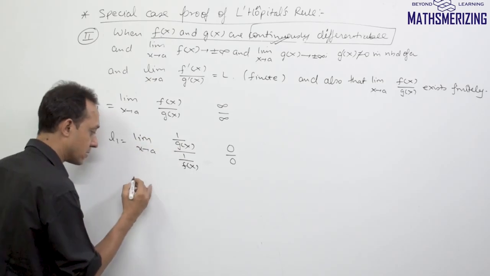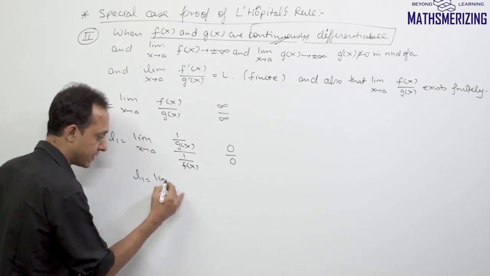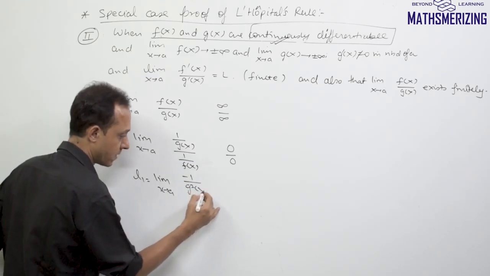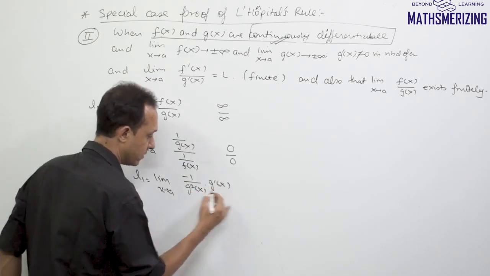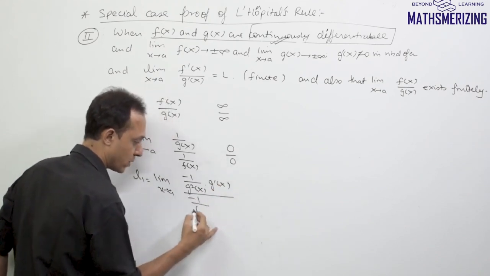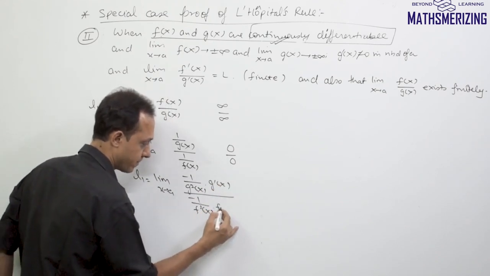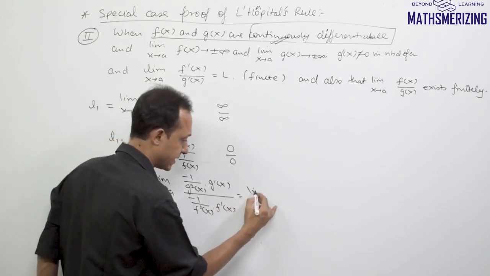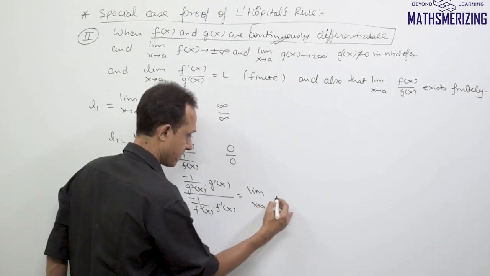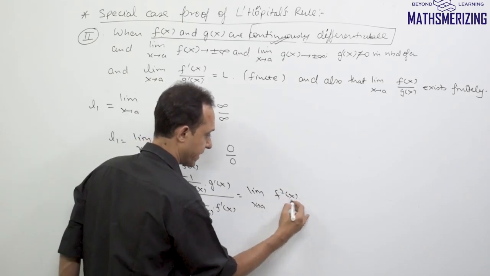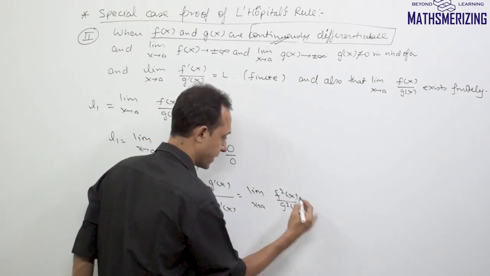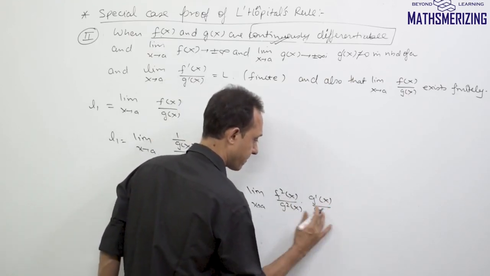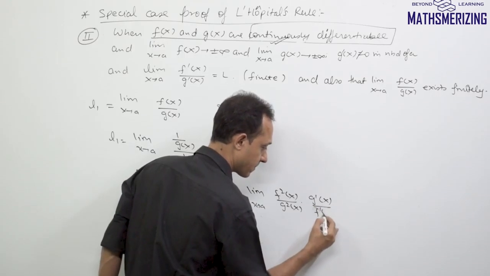So if I apply L'Hopital's rule, I can write L1 as limit x tends to a (minus 1 upon g square x into g'(x)) upon (minus 1 upon f square x into f'(x)). So I can write it as limit x tends to a f square x upon g square x into g'(x) upon f'(x).